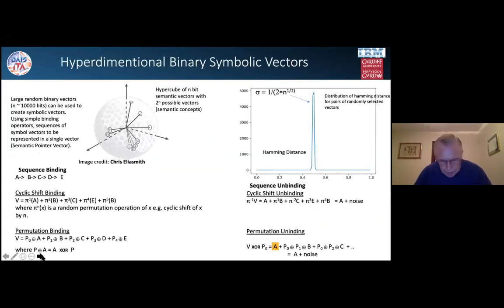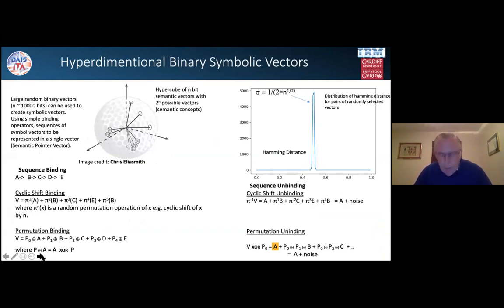So the question that might arise then is, why do we want to use hyperdimensional vectors? And in particular, in this case, we're using hyperdimensional binary symbolic vectors. Well, the answer to that question is partly to be found in the desire of the DAIS ITA to work towards the concept of a distributed federated brain.